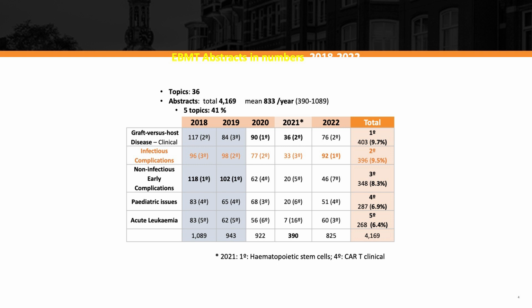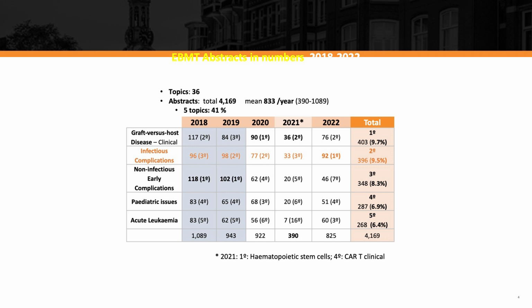Here you have the numbers of each meeting. As you can see, more or less 1,000 per year, except 2021. That was an atypical meeting due to several things. First, the impact of the COVID pandemic, and second, a short time between the previous meeting and this one.